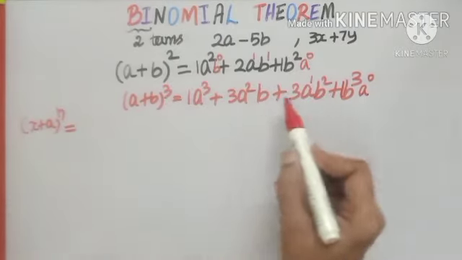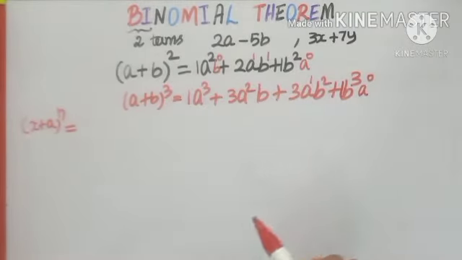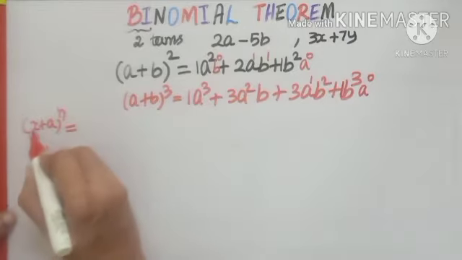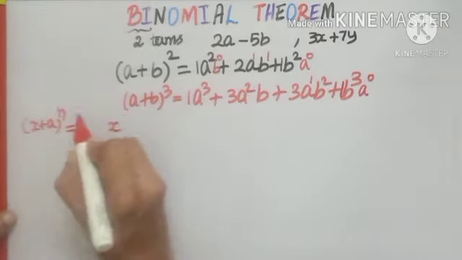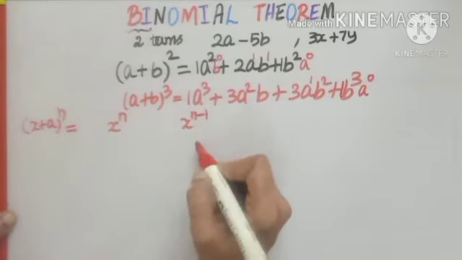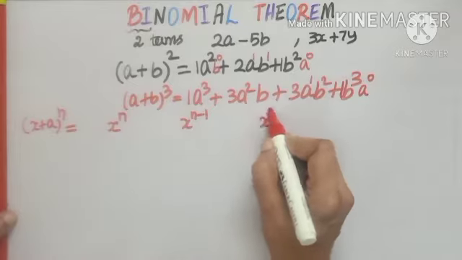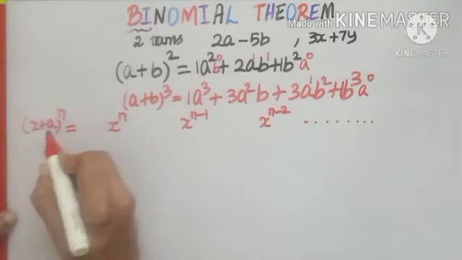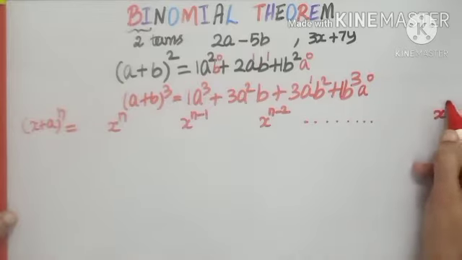The same idea I can see here also. So how to write this x plus a power n? X is the first term. Power what? N. Next term x power n minus 1. Next term x power n minus 2. And so on. What is the last power? X power 0.